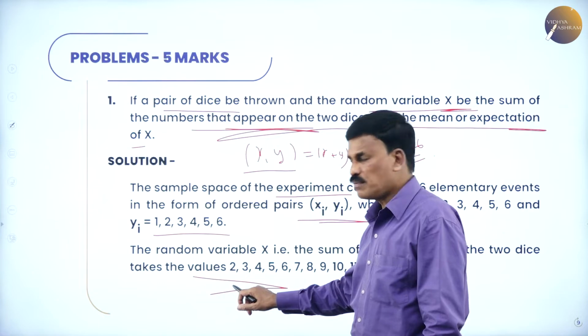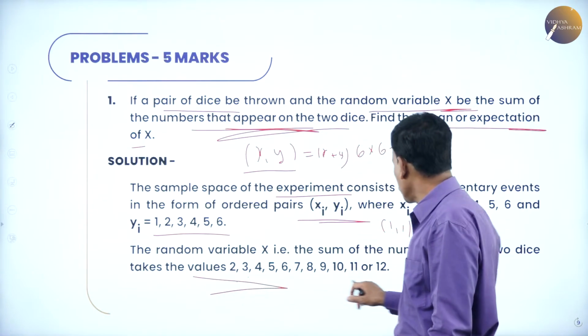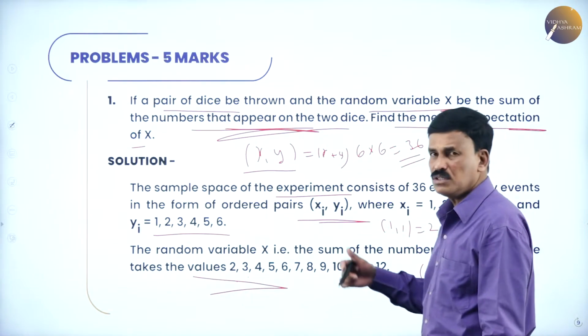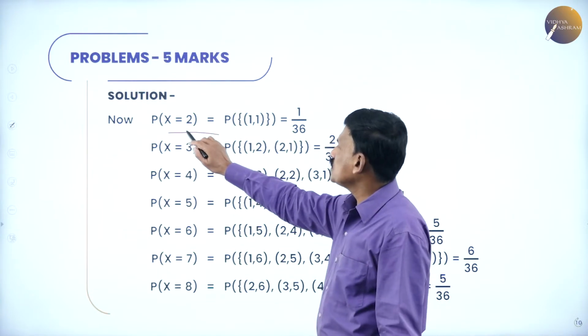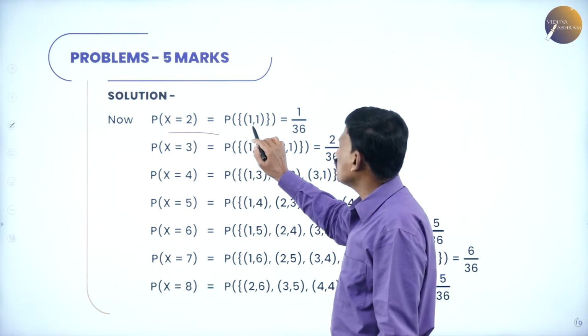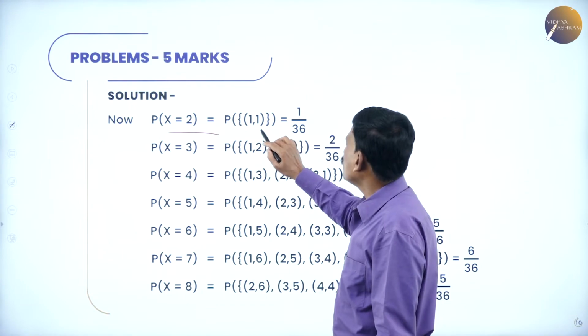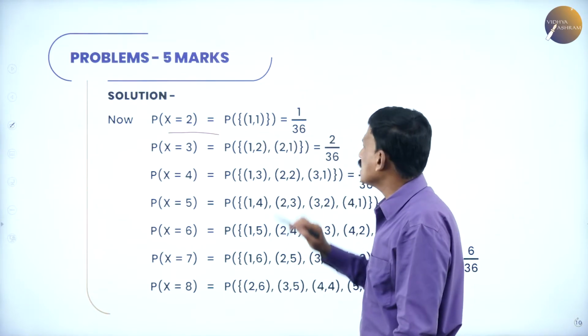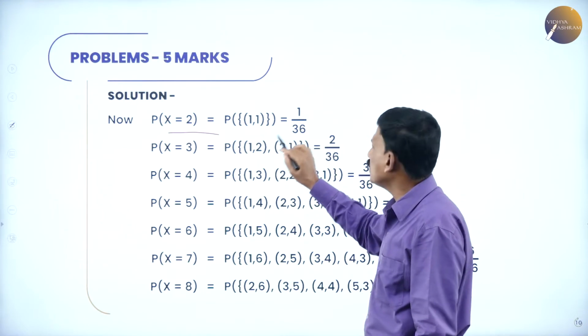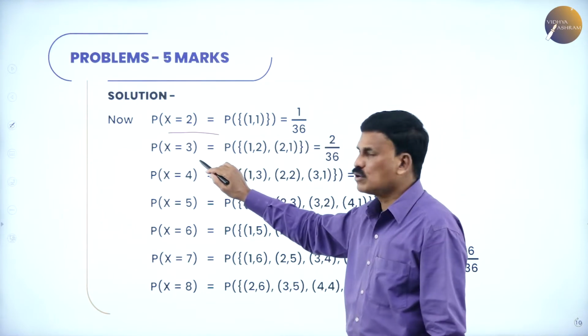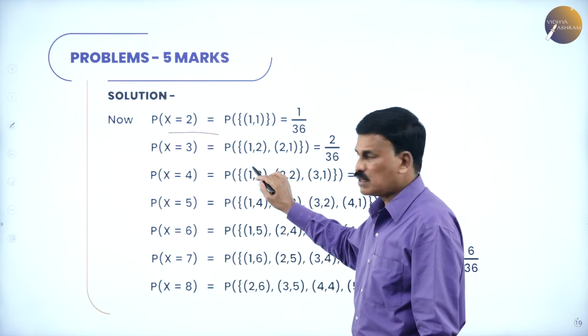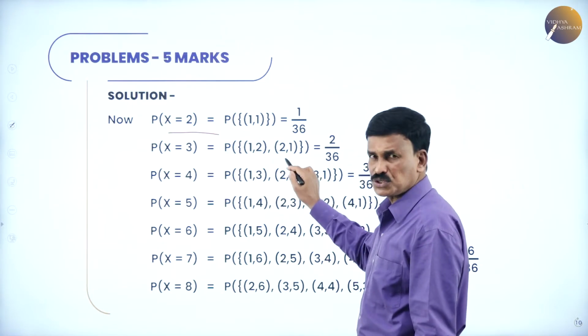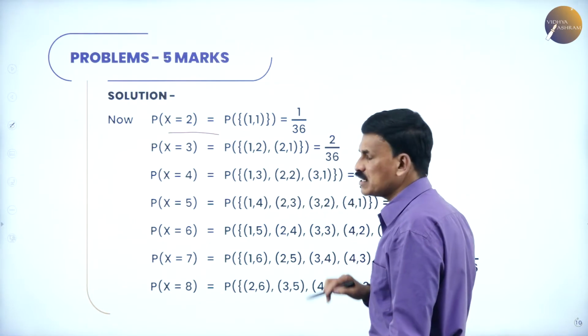This holds for x equal to 2, 3, 4, 5, 6 up to x equal to 12. When x is equal to 2, the first possibility is 1 comma 1, that is 1 event divided by 36. When x is equal to 3, the pairs are 1 comma 2 and 2 comma 1. There are two events, so 2 divided by 36.